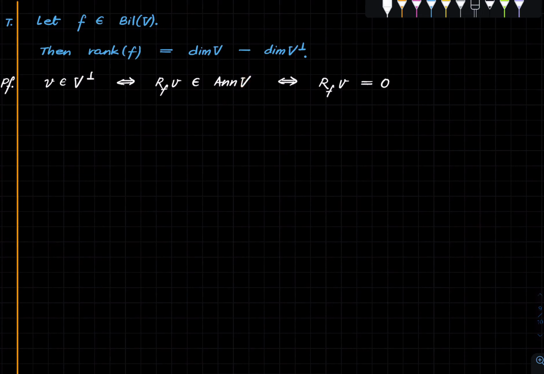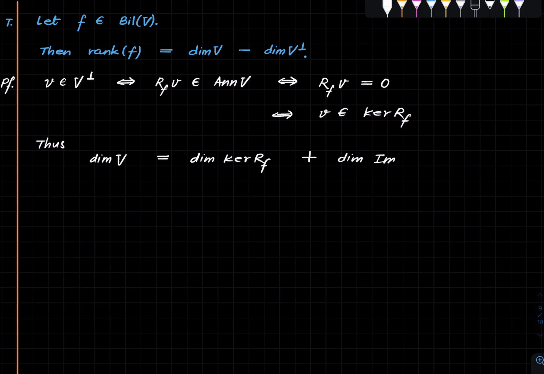So we have that, which is as good as saying that V is in the kernel of RF, right? And therefore, V perp is the same as the kernel of RF, and thus by rank nullity, the dimension of V is the nullity of RF plus the rank of RF.